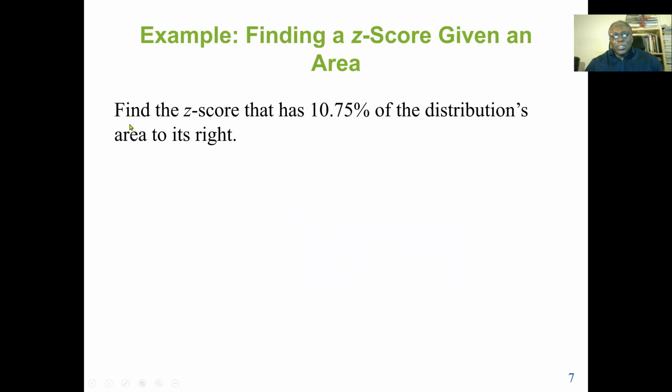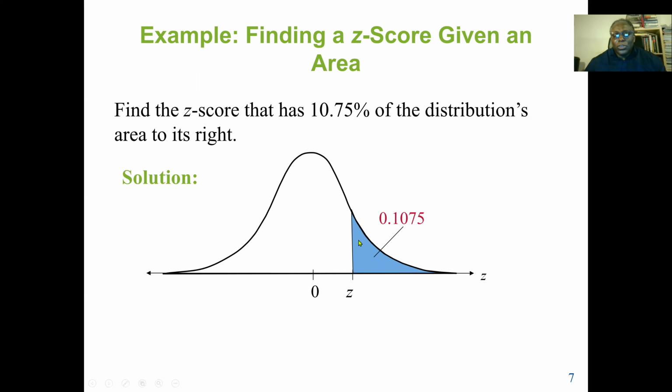Another question is given with the same example, but this time the area is given to us in percentage. Find a Z-score that has 10.75% of the distribution's area to its right, this time to the right. First we change the percentage value to a decimal, which gives us 0.1075. Then we draw the normal curve, and the area is 0.1075 to the right.